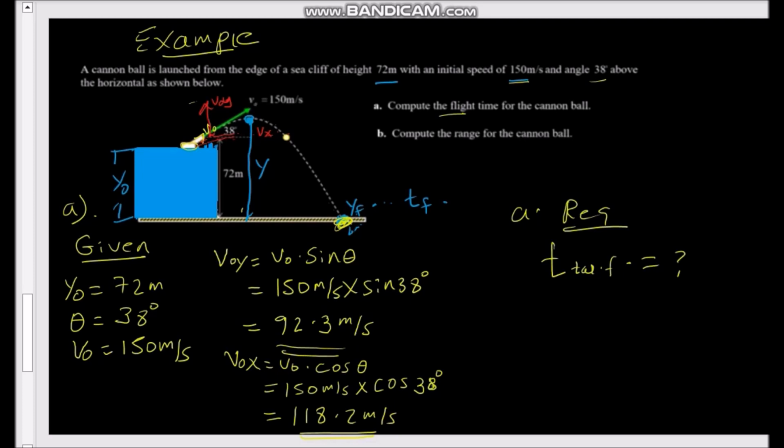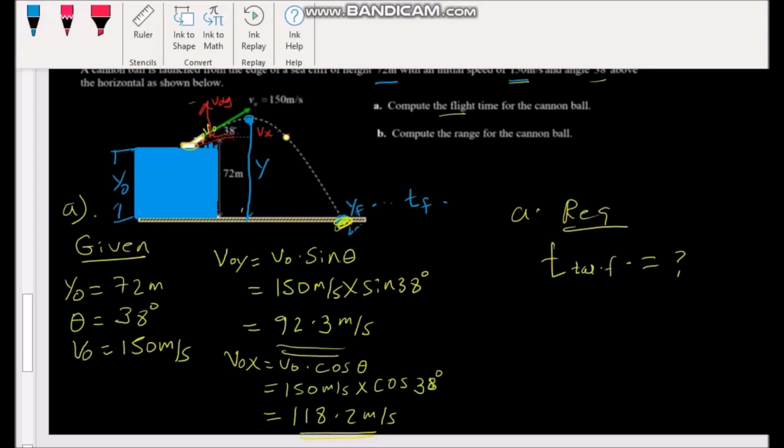Now, part B: compute the range for the cannon. Oh, it's a good question. You are required to find out the range.